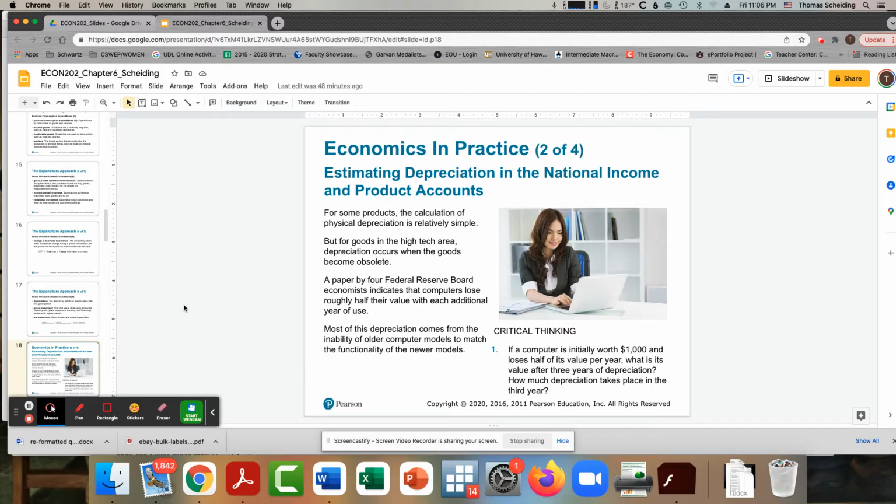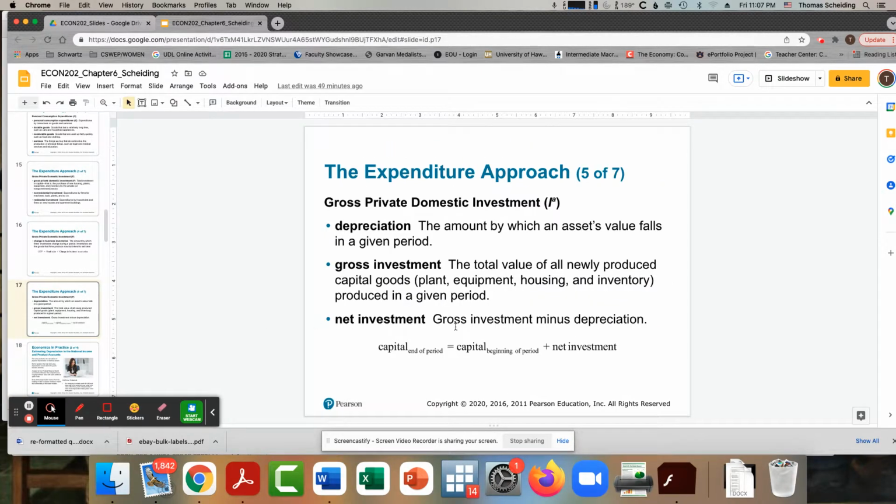This is also true when we're talking about computers, also depreciating pretty quickly. And what that would mean is that every year there is depreciation. We need to keep subtracting it from the overall investment right here, so that we're left with our net investment right here.